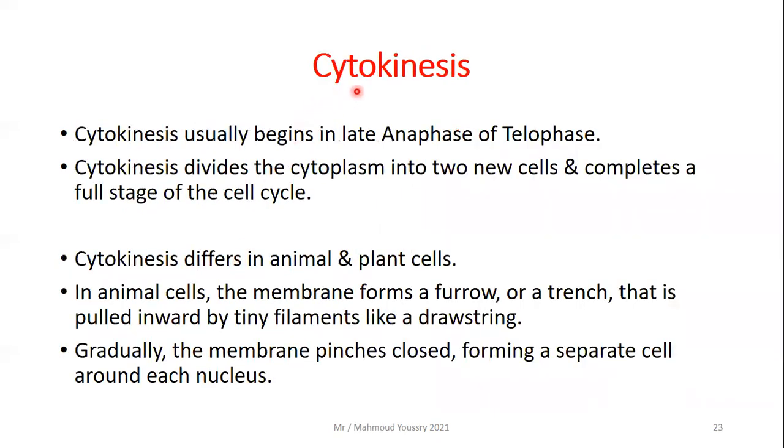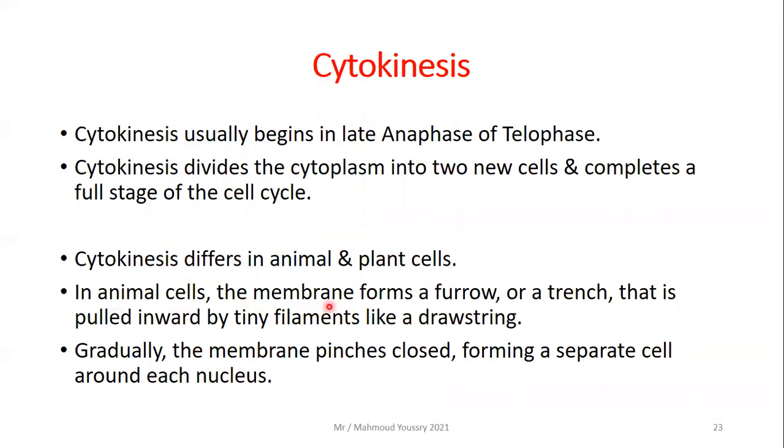Then we get to cytokinesis. Cytokinesis usually begins in late anaphase or telophase. Cytokinesis divides the cell's cytoplasm into two new cells and completes a full stage of the cell cycle. Cytokinesis differs in animal and plant cells.